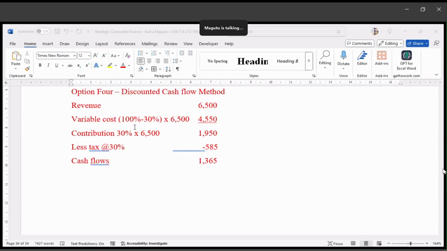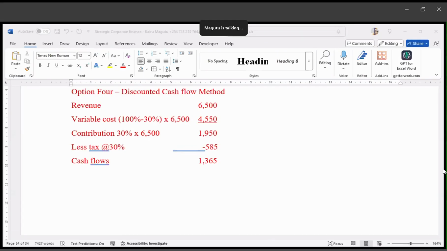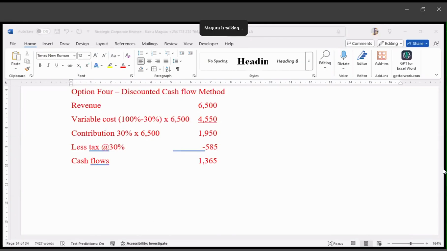Then there was long-term debt of 5,000. Now, they are acquiring this farm, and this farm already has a debt. So we need to determine the beta factor of this farm when it has a debt.